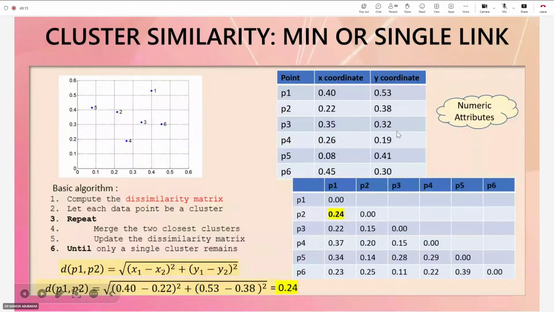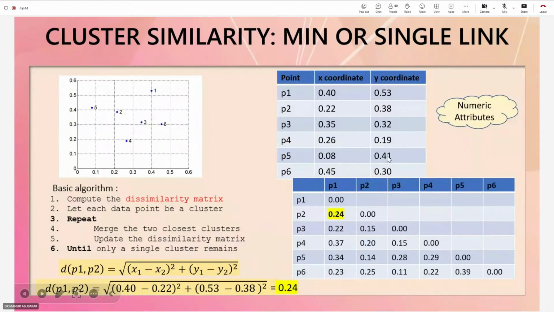For P4, what's the value? We have 0.26 as the X coordinate. And for the Y coordinate, we have 0.19, which is closer to 0.2. For P5, look at where P5 is. The X coordinate we have 0.08, which is not up to 0.1.